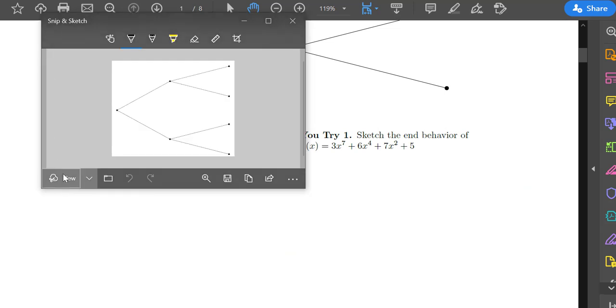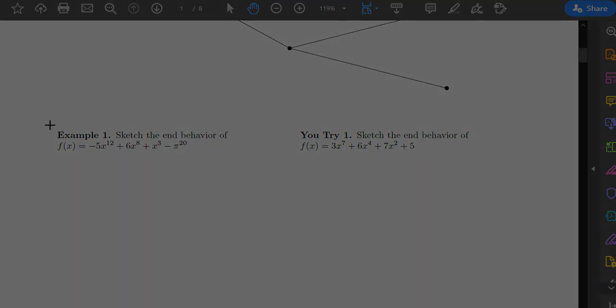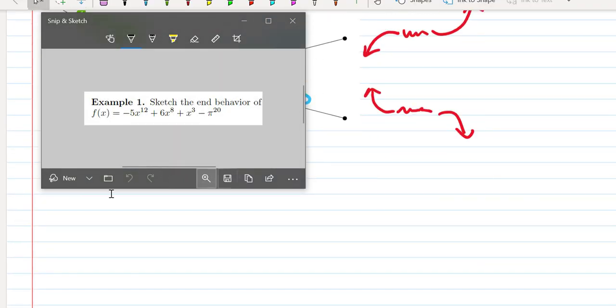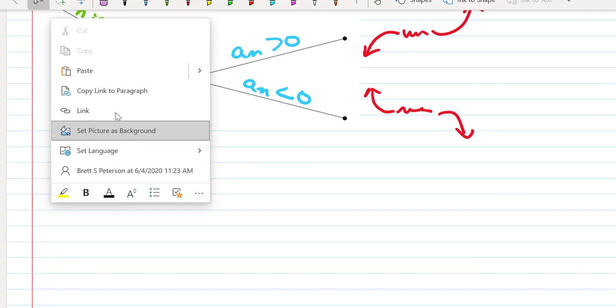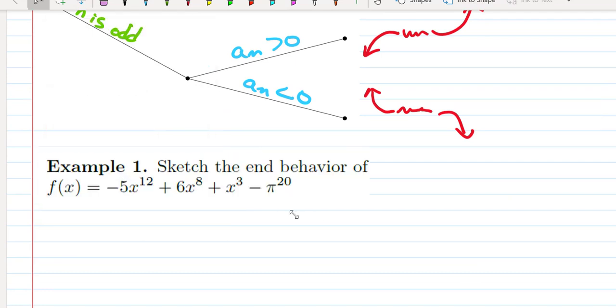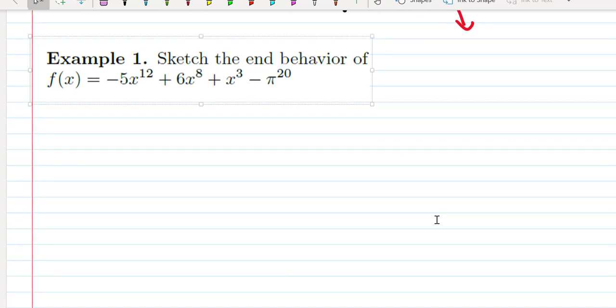All right, armed with this information, we are now ready to do example number 1. So we wish to sketch the end behavior of this graph. In order to do so, the first thing we need to do is identify our leading term. So what is our leading term?